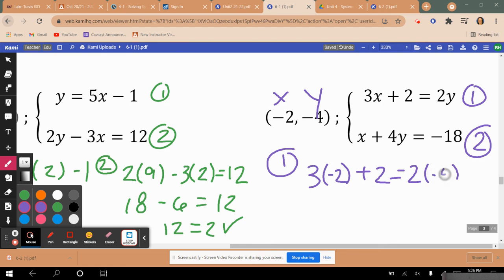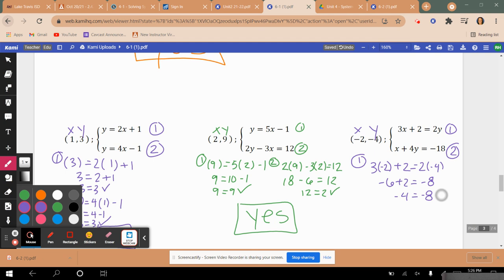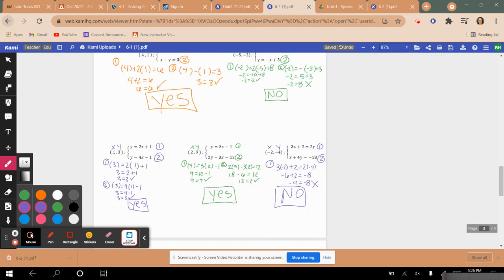Y is negative 4. 3 times negative 2 is negative 6 plus 2 equals 2 times negative 4 is negative 8. Negative 6 plus 2 is negative 4 equals negative 8. Since that one doesn't work out, you can say x. No, you did not have to solve the other problem if you solved this one first. So that is your answer on those three.